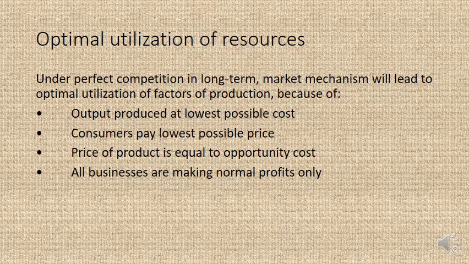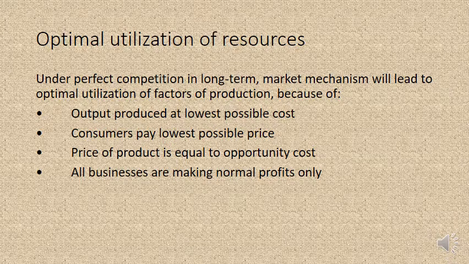Remember, as I said, each individual business will settle at a production point that is at the lowest of its average cost curve. Consumers will also pay the lowest possible price. That is because there's a market price and each individual business has no control over that market price, so there's no chance of collusion or price fixing.